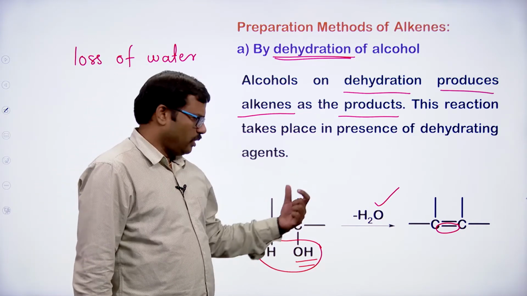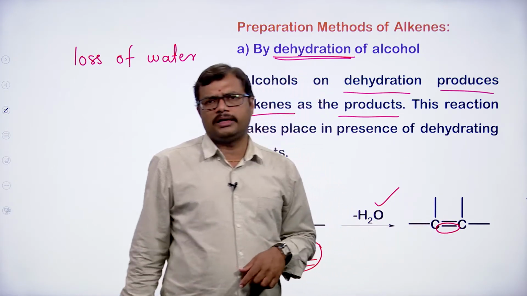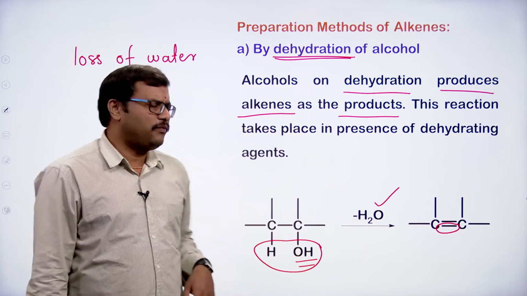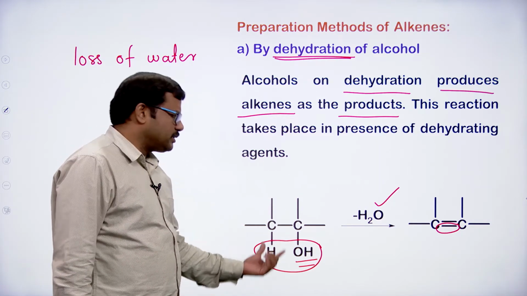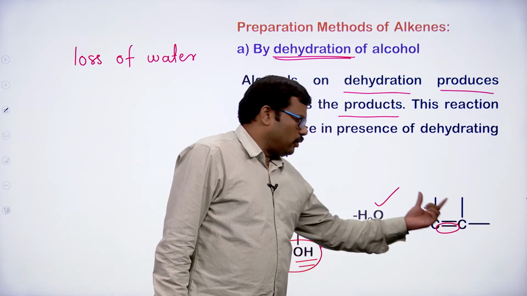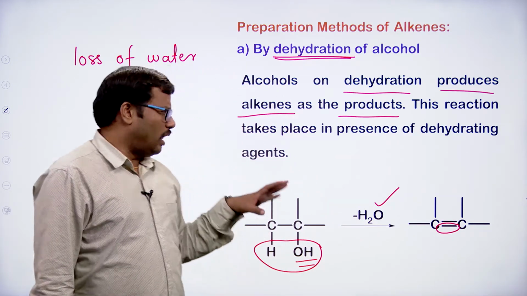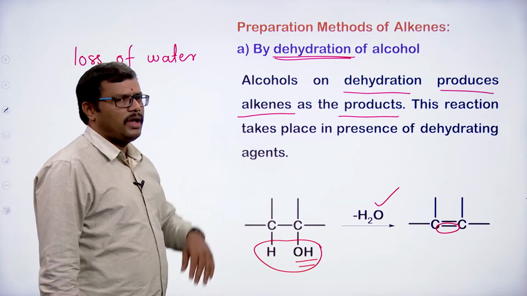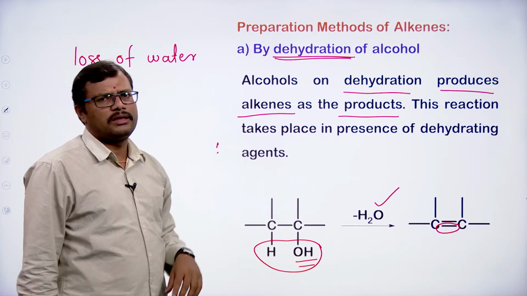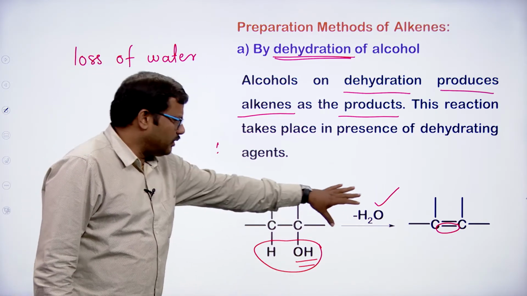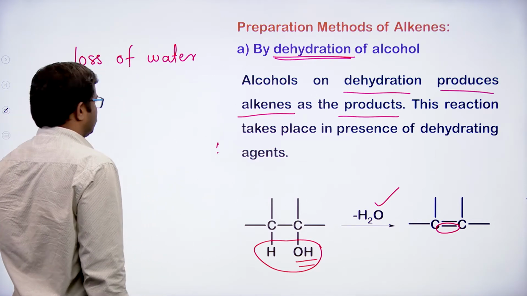Alcohols, by losing a water molecule, are converted into alkenes. Okay. So losing a water molecule, we can term it as dehydration. So alcohols on dehydration produce alkenes as the products. Okay. So alkenes are prepared from alcohols. So by using the dehydrating agents, we can easily remove the water molecule from the alcohol, and thereby we can produce the alkene as the major product.